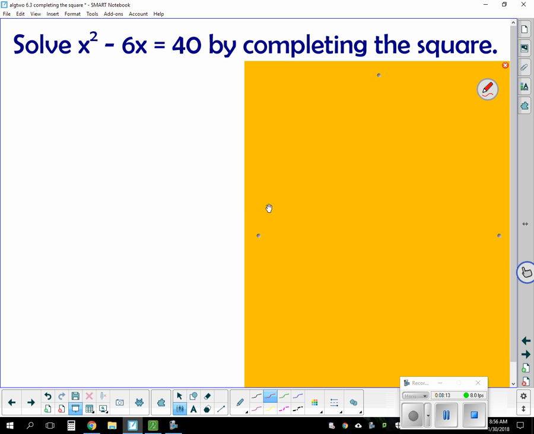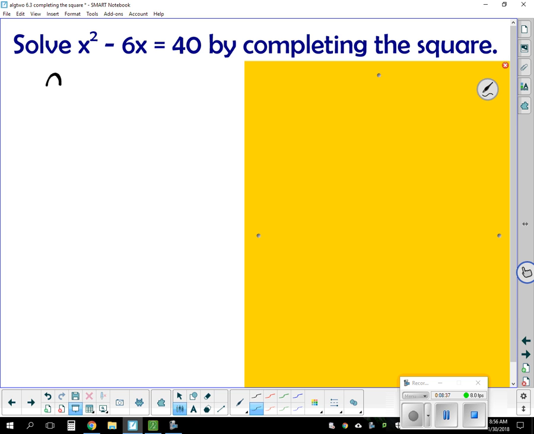Solve this quadratic equation by completing the square. When we were factoring or graphing, what did we need our quadratic equation to be equal to? 0. When you are completing the square, it's usually more helpful if it's equal to your constant.